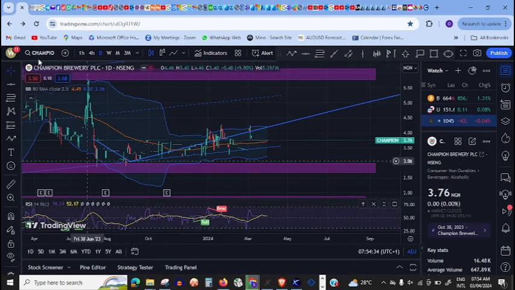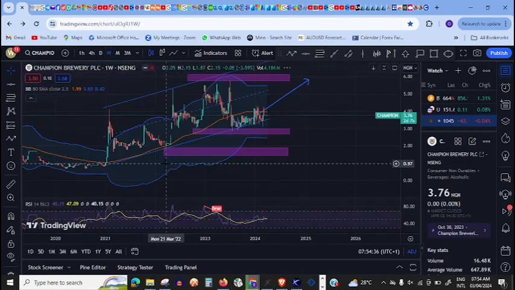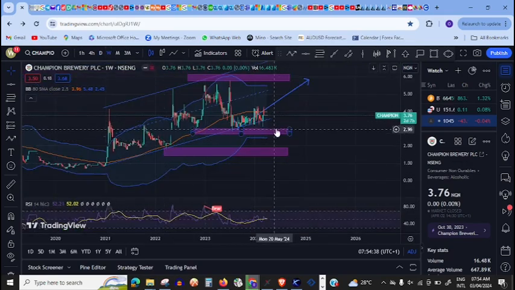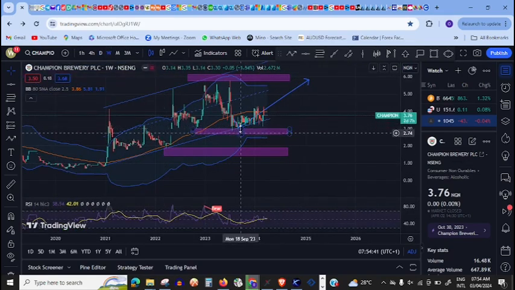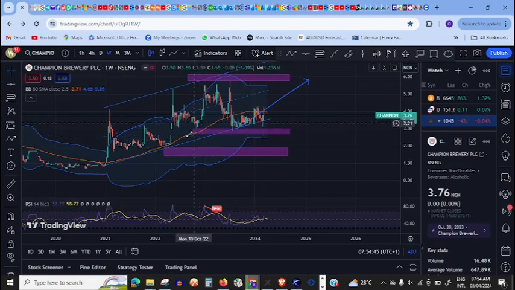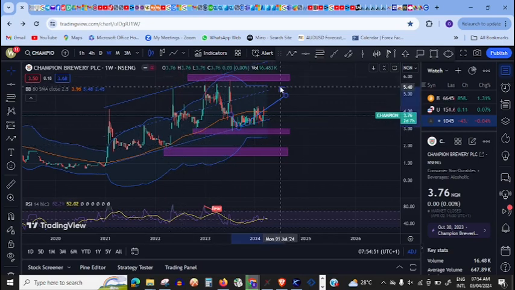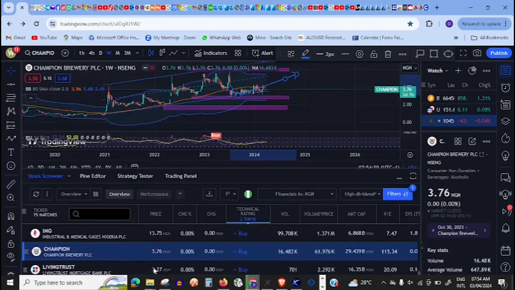Okay, I would rather analyze this on the weekly. We are still hitting this level of support. So where is the top of the band? Top of the band is actually around here. So let's see if I can come out at 5 naira 45 kobo. So I'm still holding that.